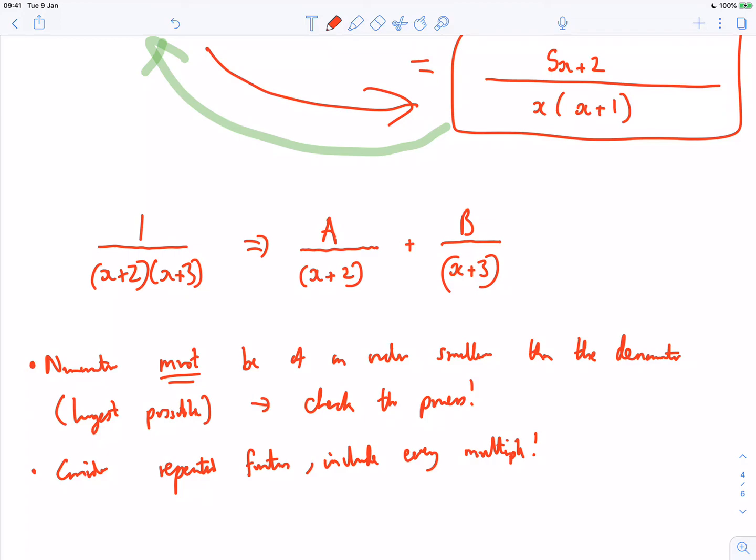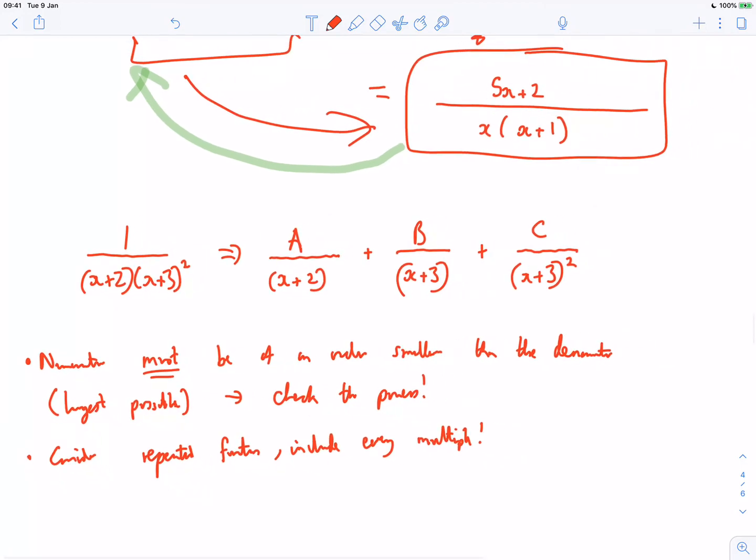But suppose this was x plus 3 all squared. Then I'd have to include a different constant over x plus 3 all squared. And if this was x plus 3 all cubed, then I'd need a different constant over x plus 3 all cubed. You just have to keep going depending on how big that power is, because it's repeating the factors.